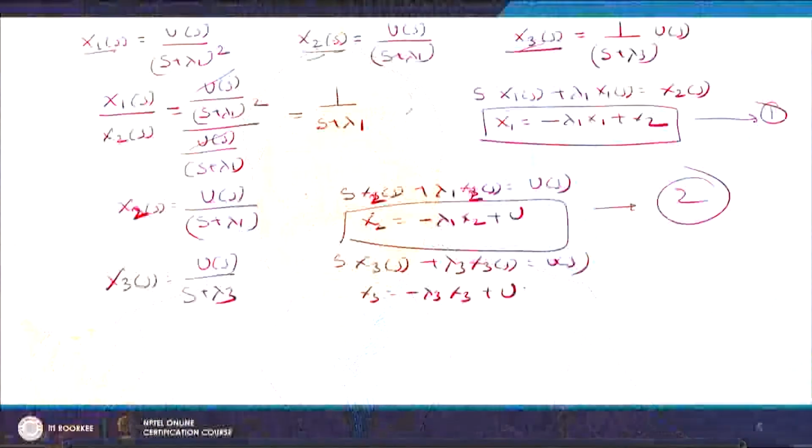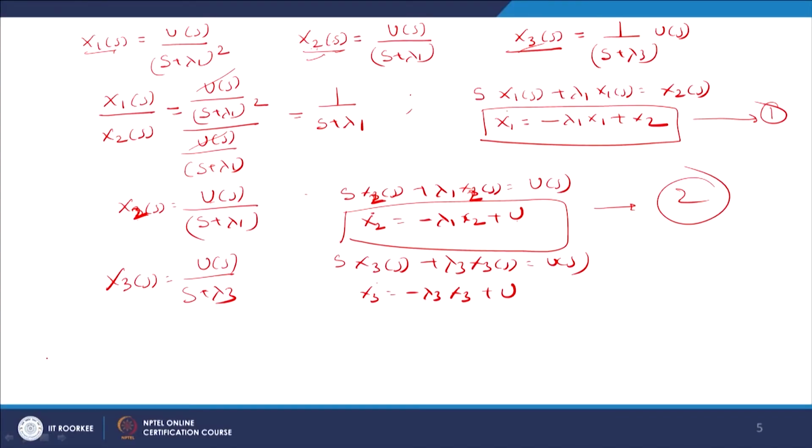Now, what is the output equation? After this we have to determine the state space model. It can be written as x1 dot, x2 dot, x3 dot equal to, and x1 dot equals minus lambda 1 x1 plus x2. So, we write down minus lambda 1, 1, 0.